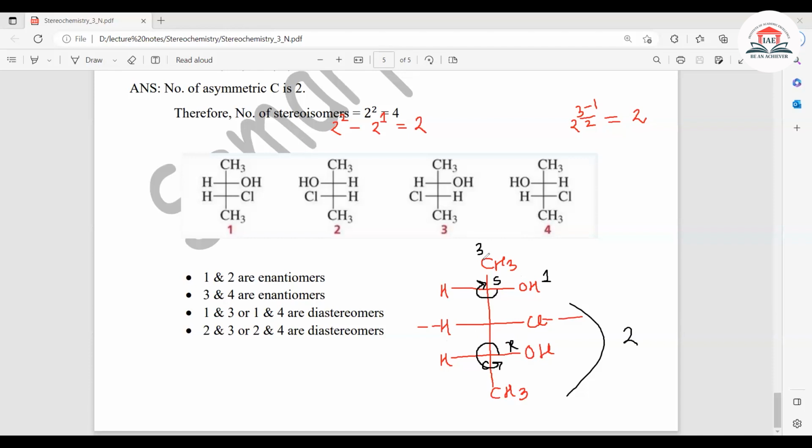One is S and another one is R. That is why these two groups, although they look similar, will be considered as different groups, and hence this center is also chiral. But this center is actually called a pseudo asymmetric center.